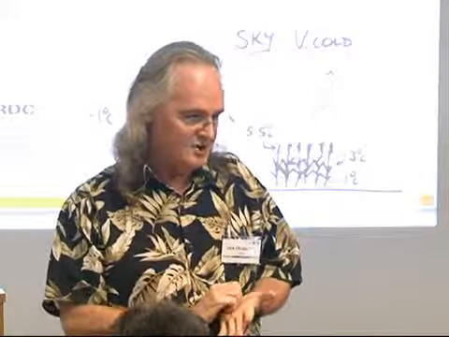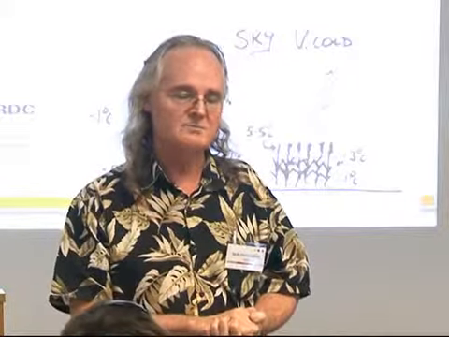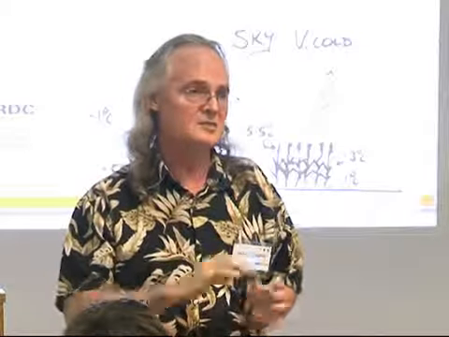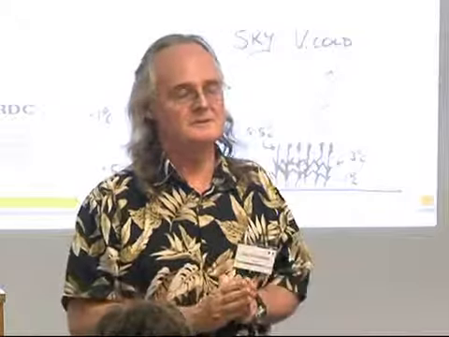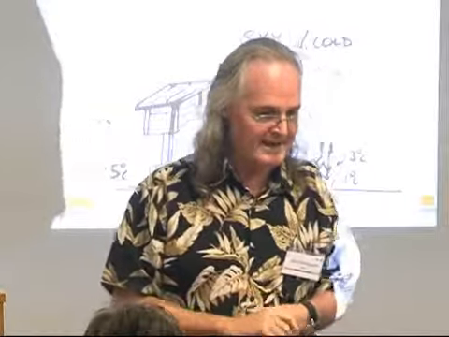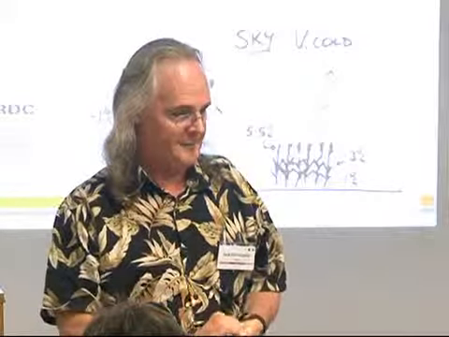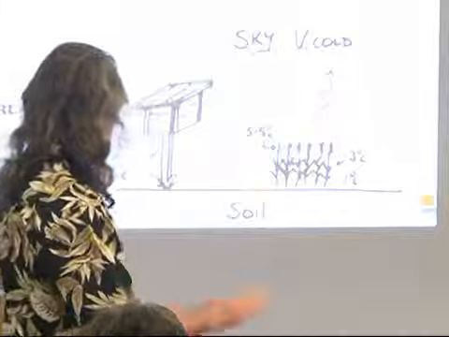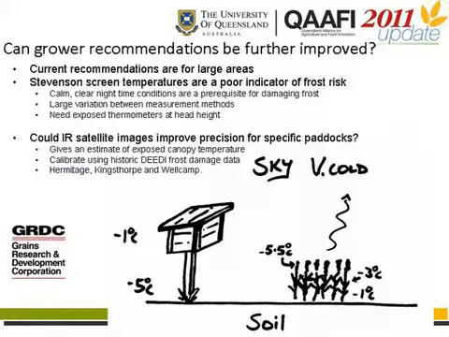I actually think that using modern technologies, there would be a lot of potential for us to improve the spatial resolution of our forecasting methods using remote sensing, using infrared information from satellites, for example. We could calibrate that data from the previous trials.